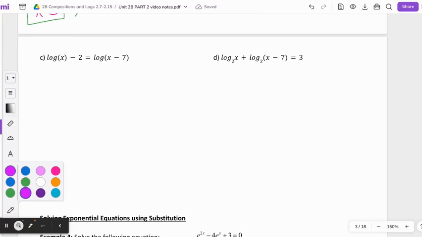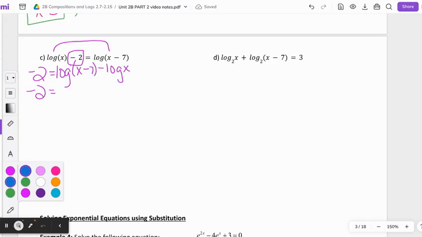All right, now on C, since we have this quantity, that 2, that's all by itself without a log, let's get the 2 logs to one side. So I'll keep -2 here. And I will subtract log of x over to the right-hand side. I've got to use properties to condense that right-hand side.